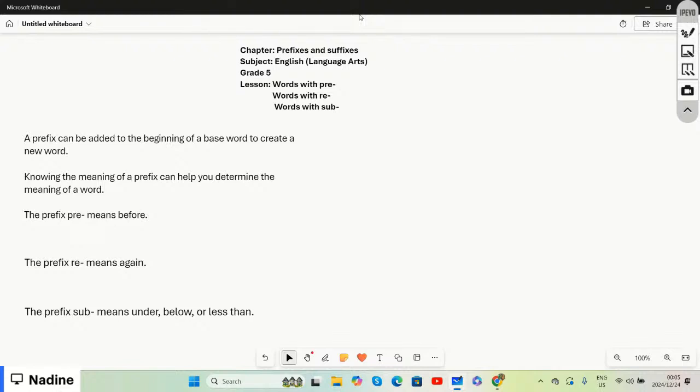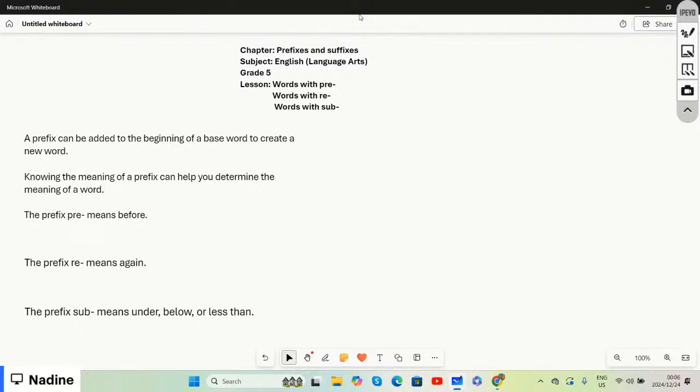So when it comes to prefixes and suffixes, right? A prefix can be added to the beginning of a base word to create a new word. So we're doing prefixes and we're doing suffixes, right?